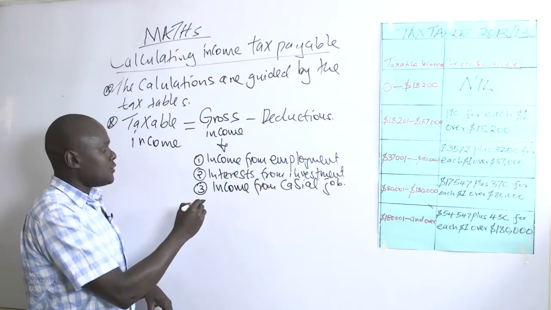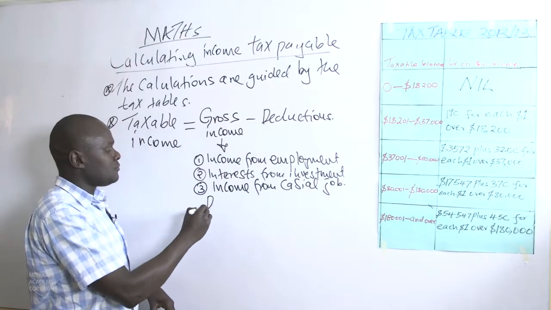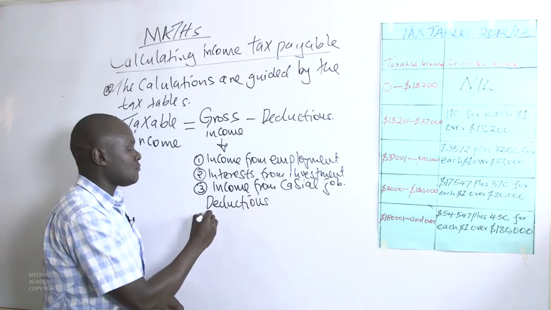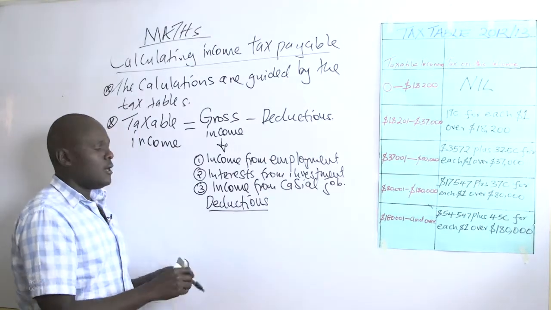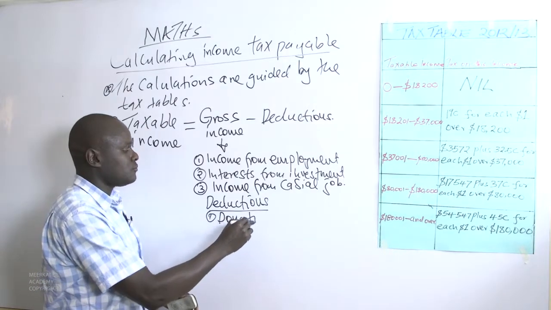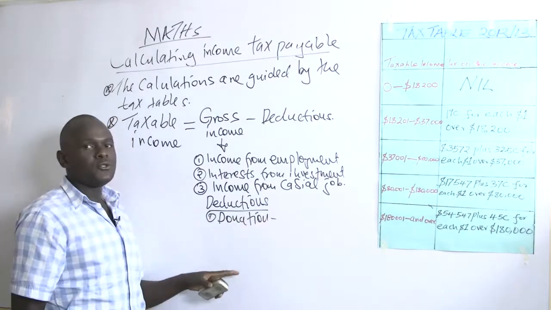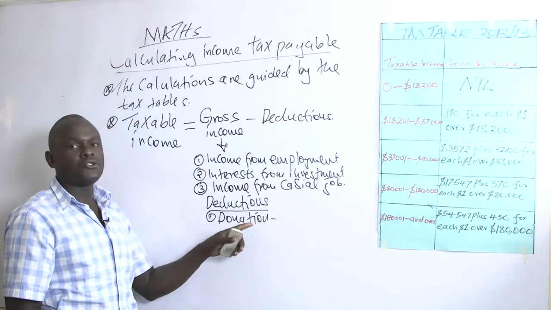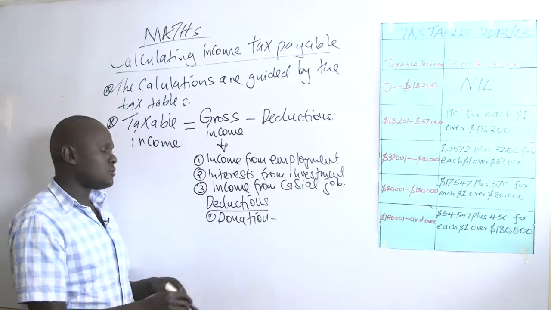And those that can contribute to deductions: the first one we looked at was donations. These donations should be made to registered charitable organizations.